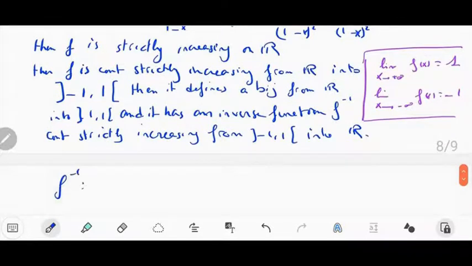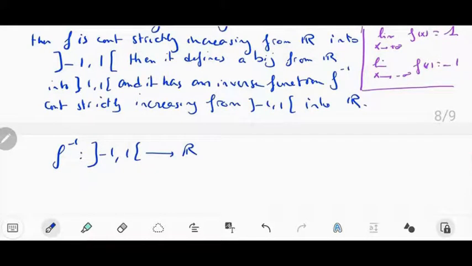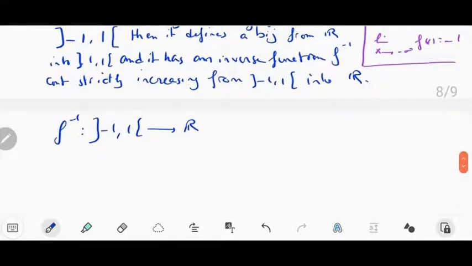So f minus 1 is defined from minus 1, 1 into R, and we need to find now the expression of f minus 1.